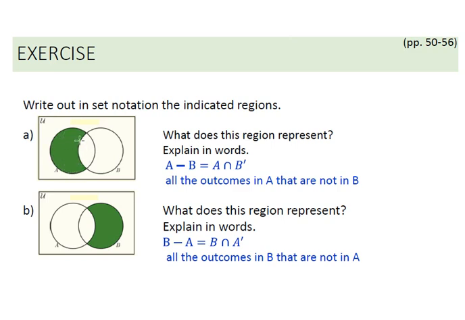All the outcomes in A that are not in B, which is called A minus B. And here is all the outcomes in B that are not in A, which is called B minus A, or the intersection of B and A prime.